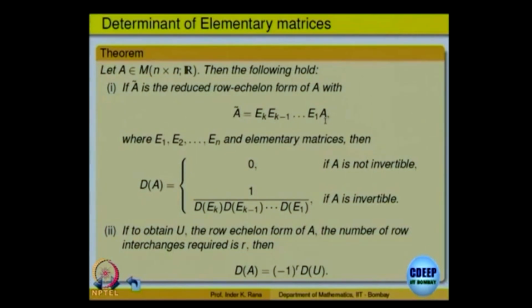Is that okay? So from here, what is the determinant of A then? I can divide by those constants. So determinant of A will be 1 over determinant of E_k multiplied by determinant of E_{k-1} multiplied by determinant of E_1, provided none of them is 0.